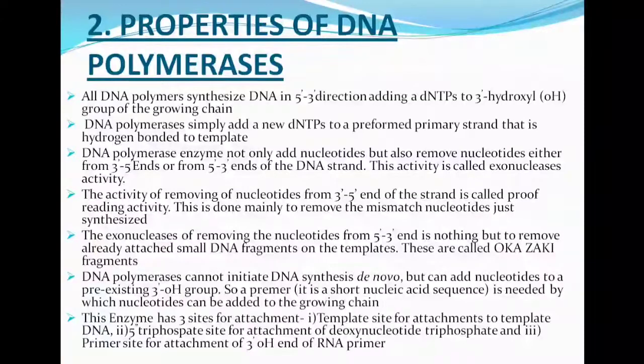And the third site is the primer site for attachment of the 3'-hydroxyl end of the RNA primer. So generally the primer is an RNA. It is the short form of the nucleic acid sequence, which is useful for the elongation of the DNA chain.